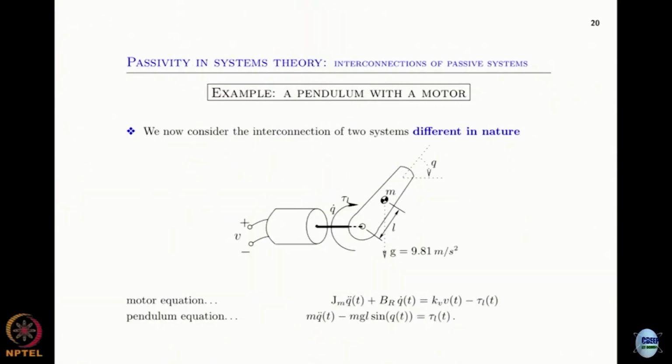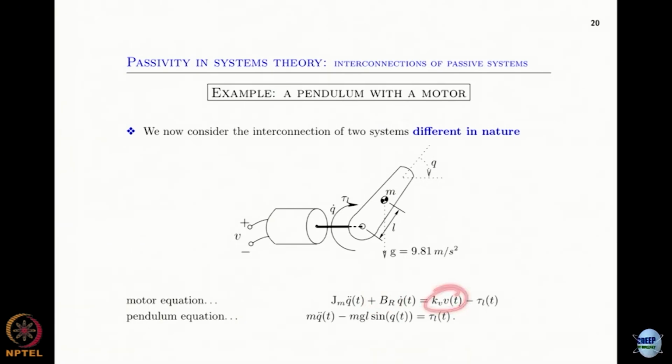We all know that. If we look at the equations, we will have the following. We have the pendulum equation with a torque that is being injected, and this torque is coming from the motor, right? So the motor sees this torque, so this term appears in both equations, here with positive sign, here with negative sign. This is the equation of the motor, this is supposed to be the inertia, and this is the friction in the rotor.